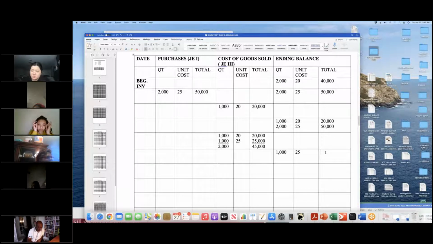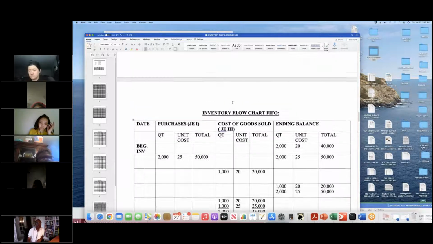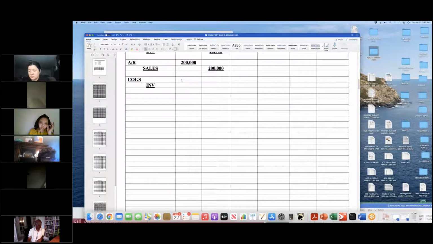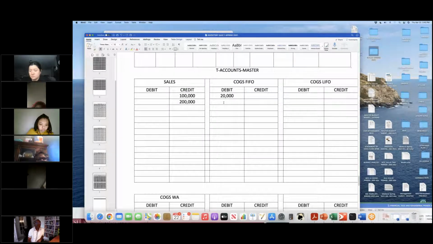Yes. Okay, so we got that left, and so this 45,000 comes in the transaction here. Because it's cost of goods sold, we're gonna have 45,000 here.